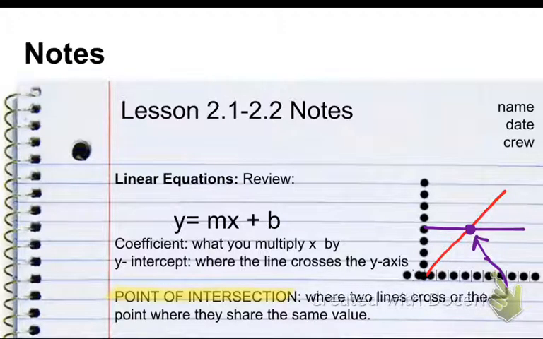It lets you know that at this point they crossed each other. At this point they were equal. So imagine two people in a race, and that's the point at which one passes the other. Okay, let's get some notes in.